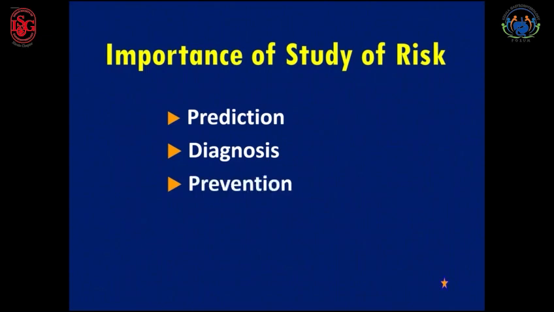You may all know about the famous study of John Snow, the famous epidemiologist, who found out that a cholera outbreak occurred in people, and the risk factor was taking water from a particular tap, a particular source. And when access to that water source was prevented, the cholera could be prevented. So a study of risk helps us in prevention.